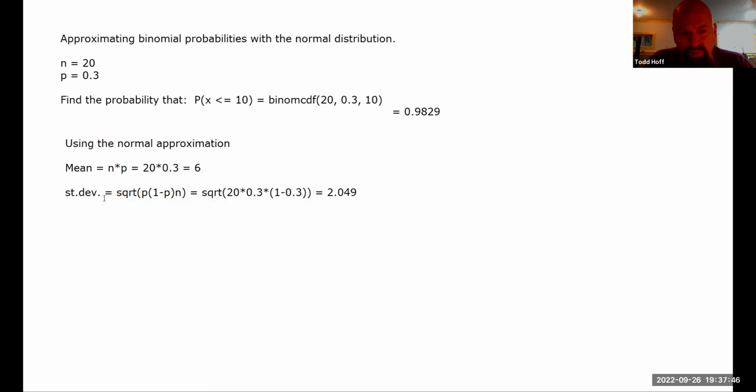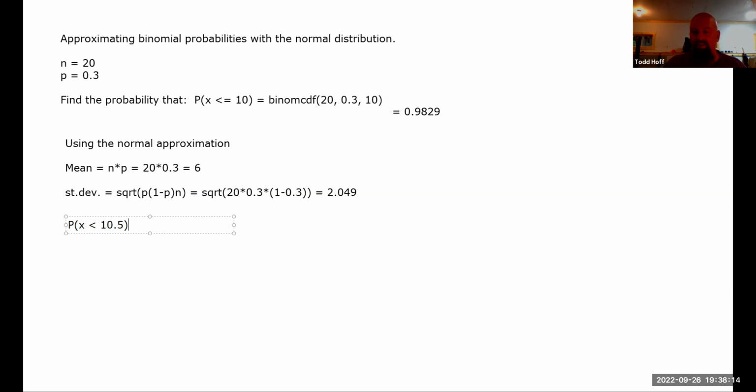Now we could actually just put that whole expression into the calculator, but we don't need to. What we'll do is say the probability of being less than or equal to 10 is actually the probability of being less than 10.5. Why do we do 10.5? Well, because remember the binomial distribution is discrete. It can only take on the values 8, 9, 10, 11. It can't take on any of the values in between.